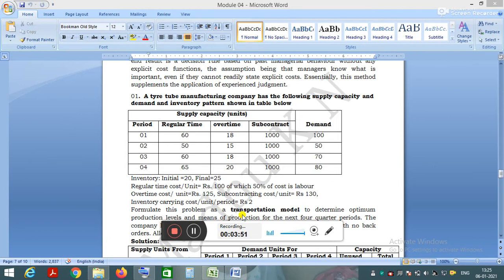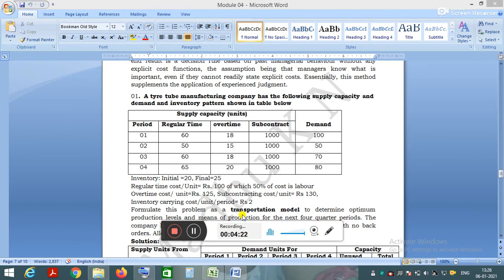To produce one unit of any product, the product is not given here, it costs 100 rupees during regular time hours, out of which 50% is labor cost. And by utilizing overtime, if they produce one unit, it costs around 125 rupees for every product manufactured during OT hours.